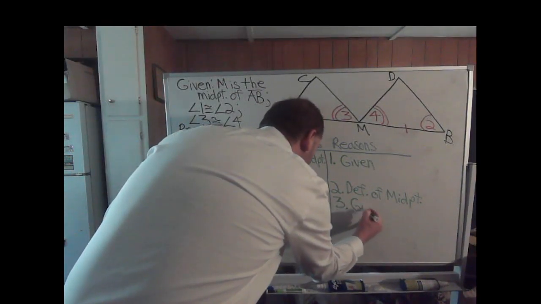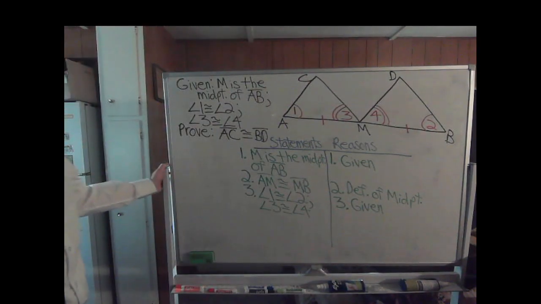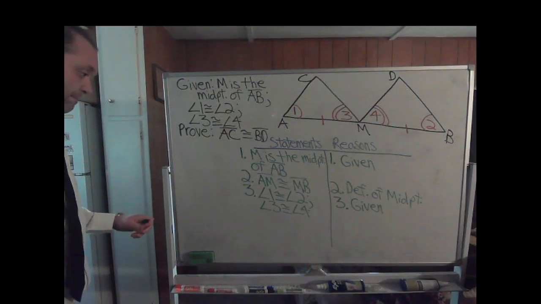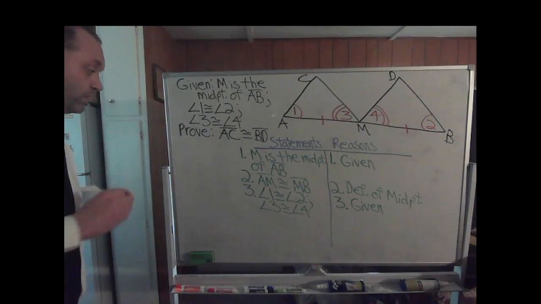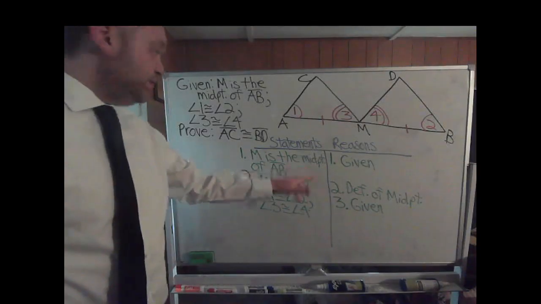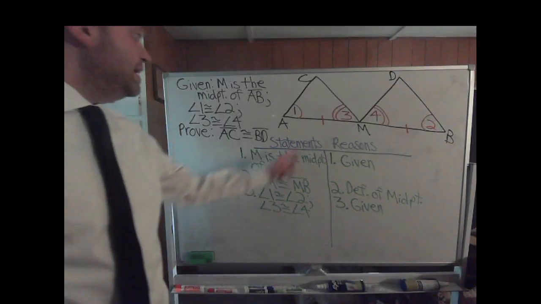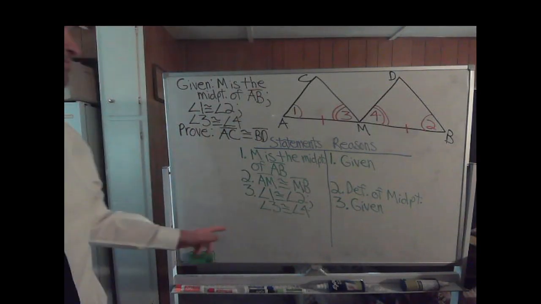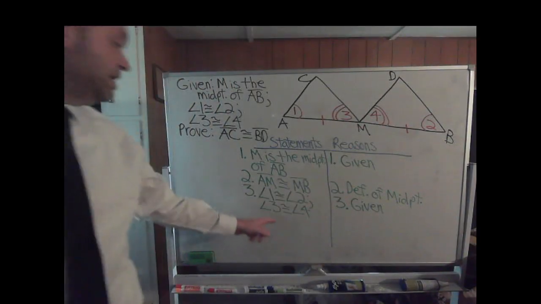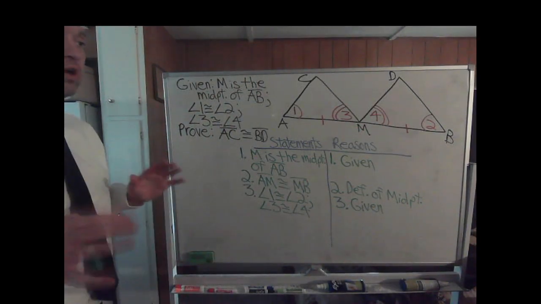Sometimes you'll split the given information up and have it in a couple of different steps instead. There's a time and a place for that. So far we've got that M is the midpoint of AB, that was given, which means by the definition of midpoint that AM is congruent to MB. And then we've established that angle 1 is congruent to angle 2 and angle 3 is congruent to angle 4 by given information. Where do we go from here?